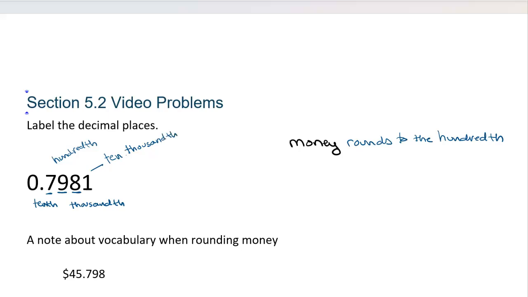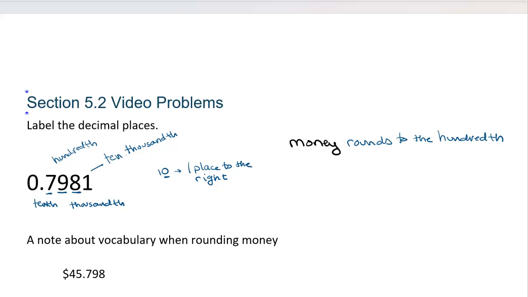So here's how I remember the name of each place to the right. So 10 has 1 0. So it is one place to the right. And it's to the right of the decimal, right?